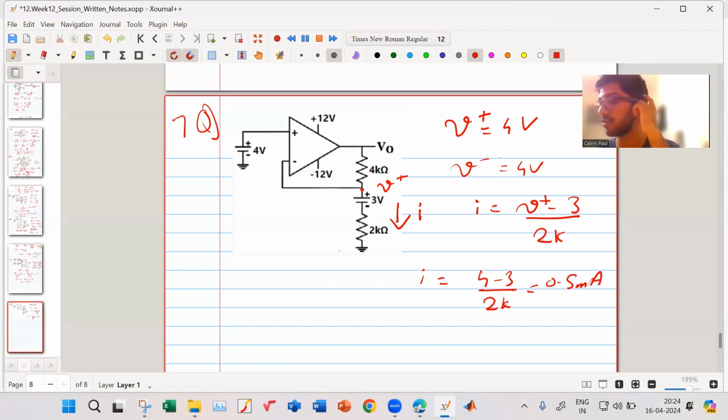So what will be my V output? 6 volt. Okay, what about others?